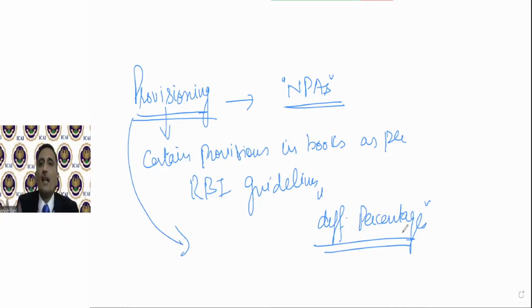Asset classification is a different term, provisioning is a different term, and income recognition is a different term. These are done in accordance with the RBI prudential norms. Okay, clear guys, is that clear? Yes, guys, tell me. Is that clear?